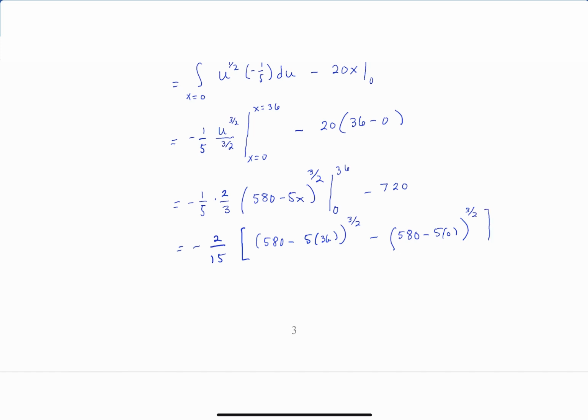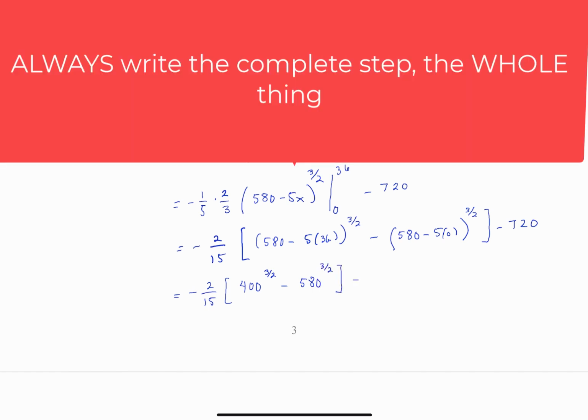And we still have the minus 720 off at the back. 580 minus 5 times 36 is 400, so that's what we're raising to the 3/2 power there. 580 minus 0 is, of course, 580. That's what we're raising to the 3/2 power in that spot. We still have our minus 720.